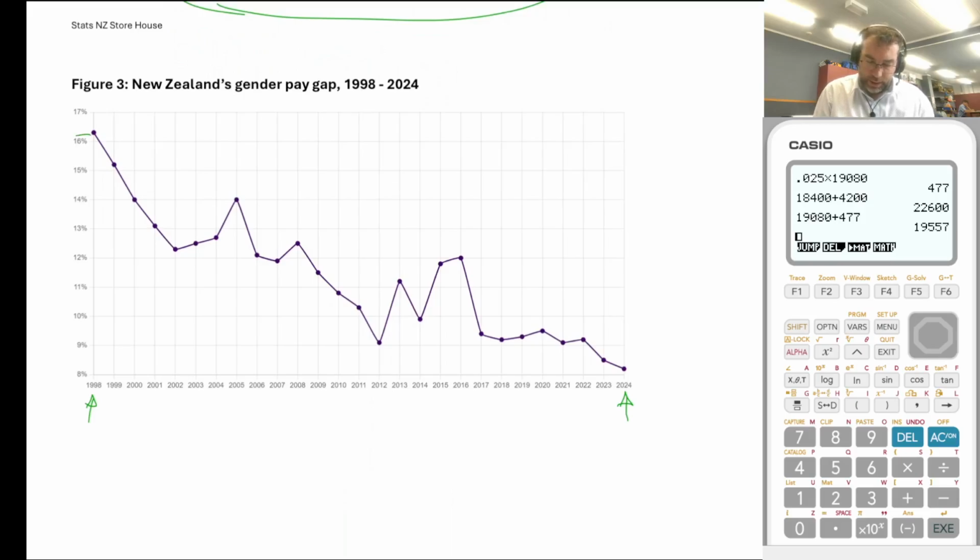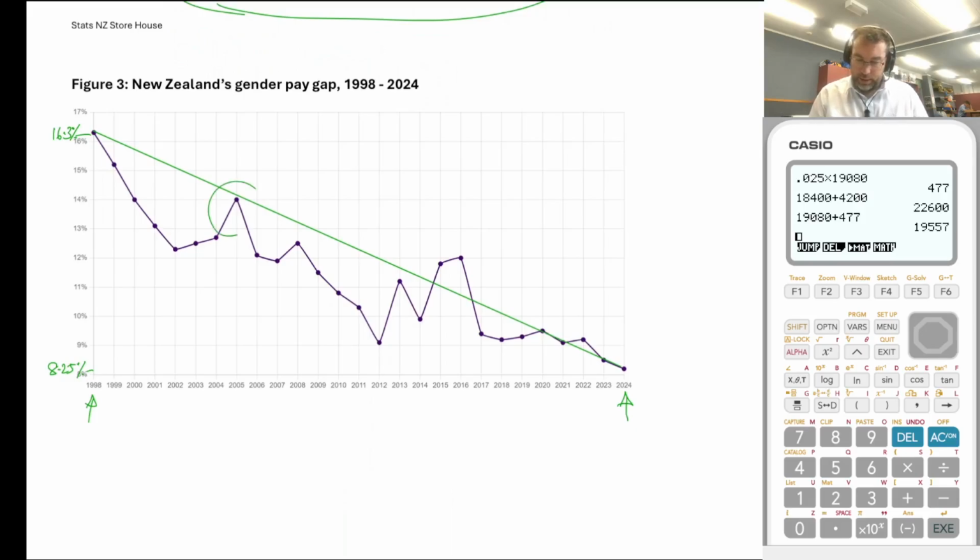It's starting up here at about 16.3%, finishes down here at what looks about 8.25%. And in general, it is going downhill. The trend over time is that it's decreasing. I can also see there's some interesting things here.